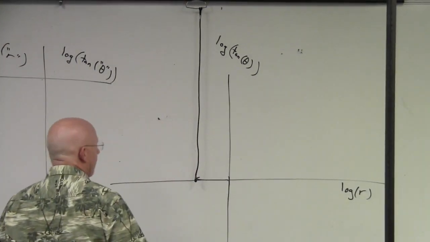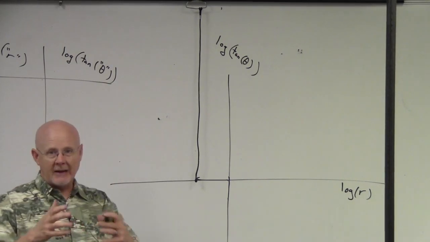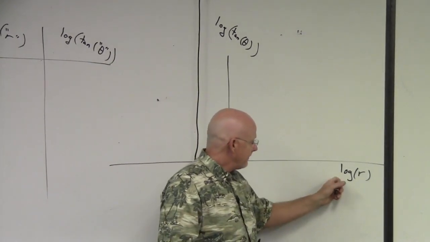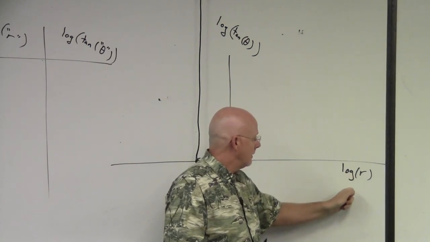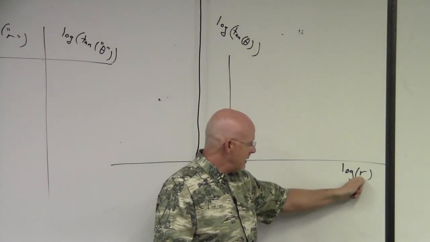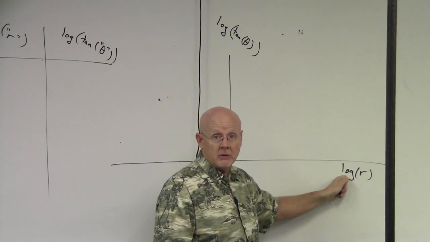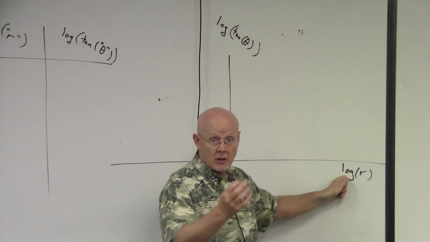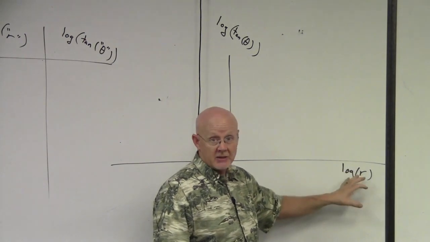Okay, now, also maybe just to remind you about logarithms, if you remember, the log of 1 is 0. Anything less than 1 is negative, and anything more than 1 is positive.